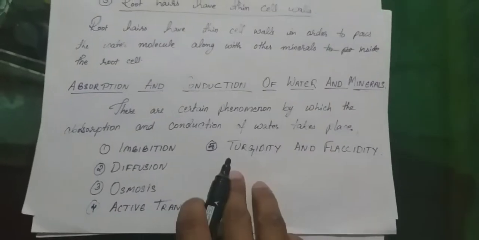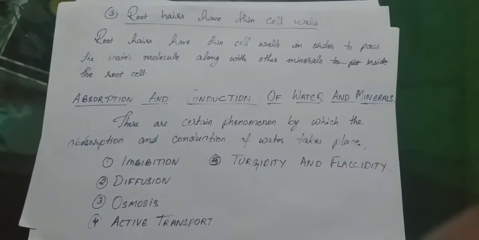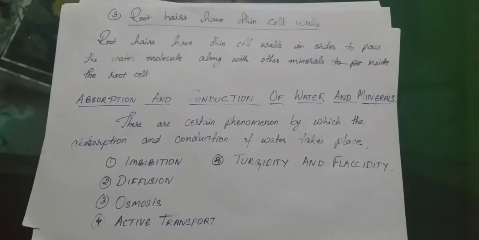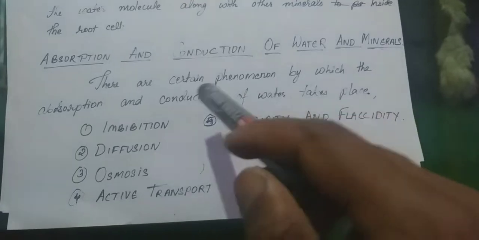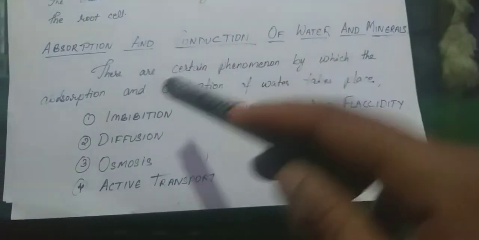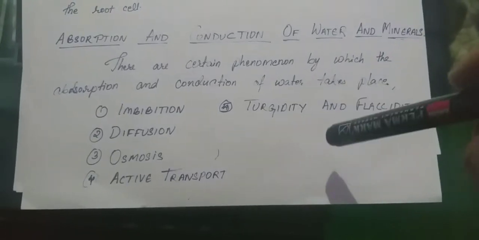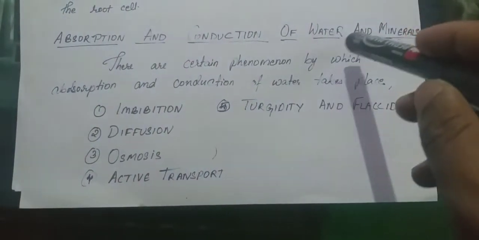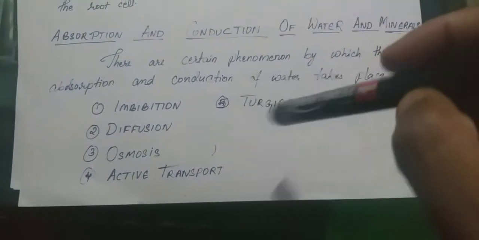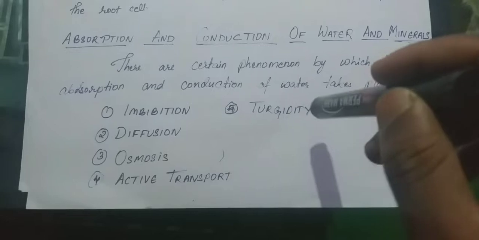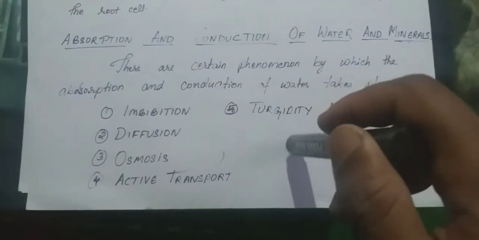Now, absorption and conduction of water and minerals. There are certain phenomena by which the absorption and conduction of water takes place. As we have already learned, water conduction takes place from the root hair, from the roots, and it is distributed to all the parts of the plant, especially leaves.